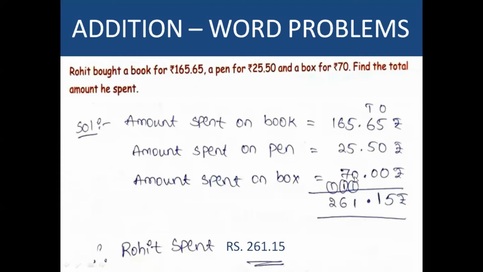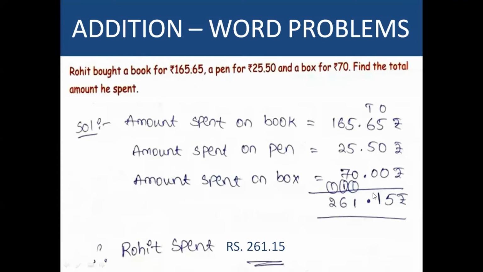Amount spent on box. Only we have the whole part, that is 70. We have to change it into a decimal, that is 70.00. Now see, 5 plus 0 plus 0, 5. 6 plus 5 plus 0, 11. 1 carry over. 1 write down.